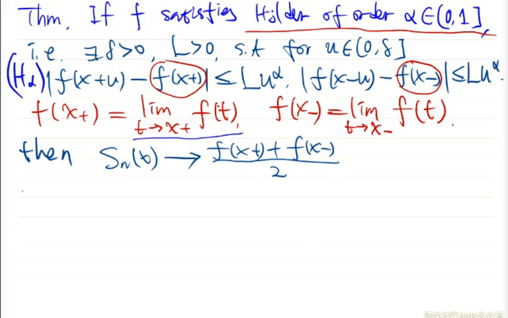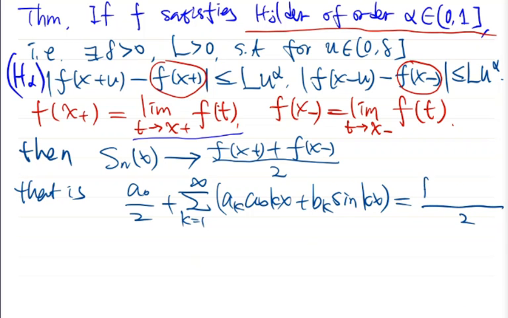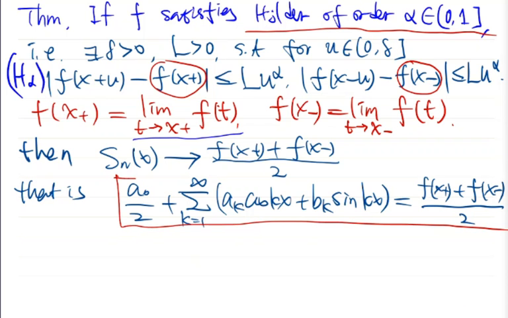Or we can write that the Fourier series, the sum of a_k cosine kx plus b_k sine kx, equals the mean value of the one-side limits at the point. So we know that the Fourier series converges under what condition?